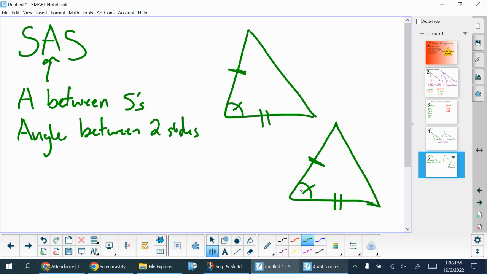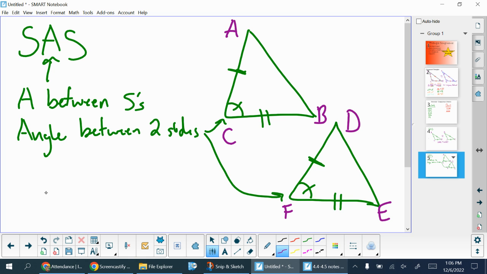So in the SAS, you see the A between the 2 S's. That is because the angle has to be between the 2 sides. And then if I go ahead and label these, I'm going to do this every time, I know that triangle ABC is congruent to triangle DEF by SAS. And that's the kind of language we're going to use a lot.